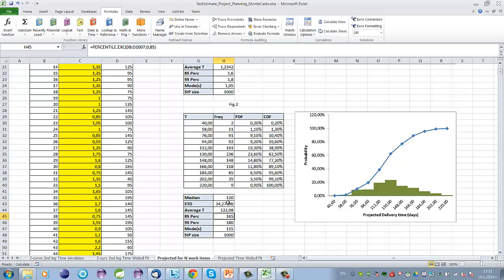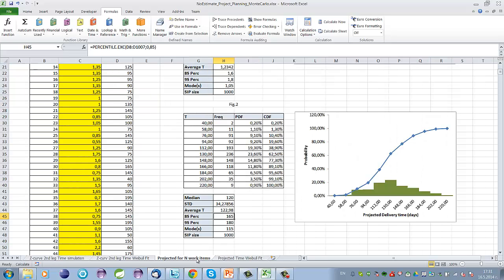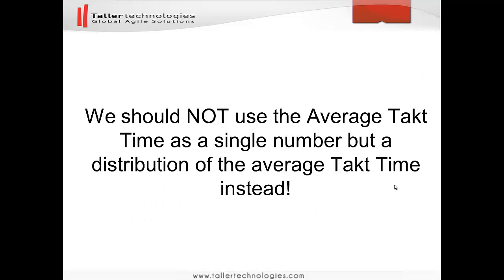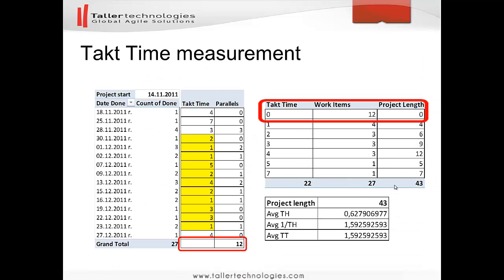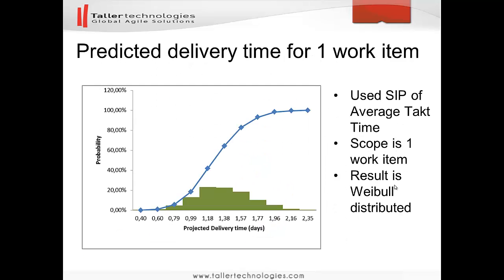Again, just to mention, this delivery time data, the projected delivery time, is again variable distributed. You can check it here again, the same way as before, and we end up with the projected delivery time for our new project.